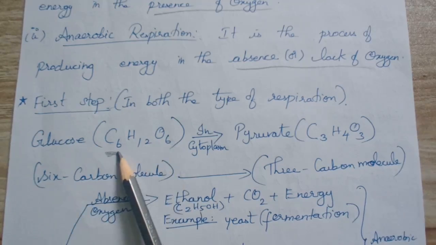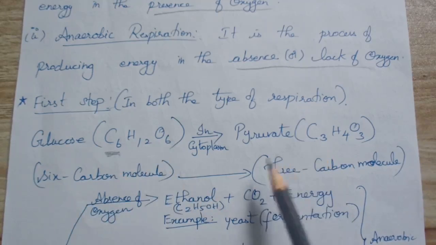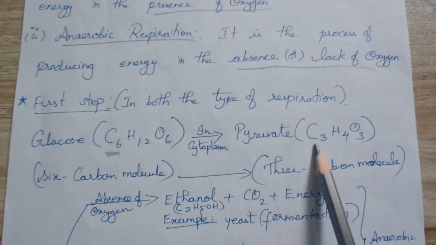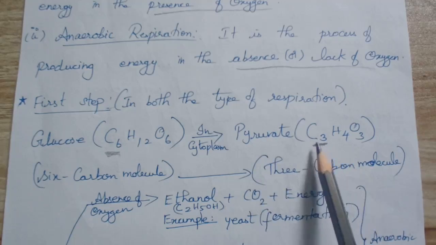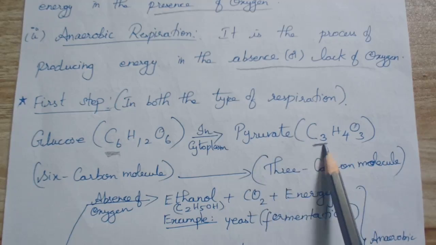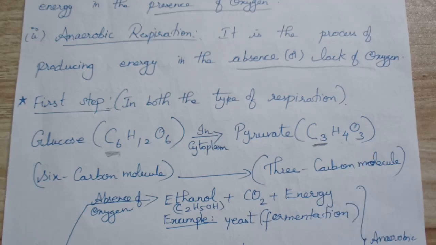The 6 carbon molecule is converted into 3 carbon molecules, that is pyruvate, C3H4O3. Clear on this? The first step in both types of respiration is that glucose, a 6 carbon molecule, is converted into 3 carbon molecules.